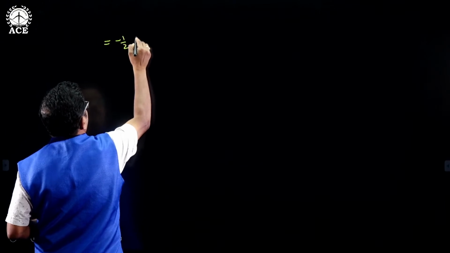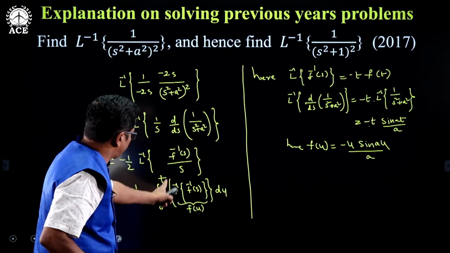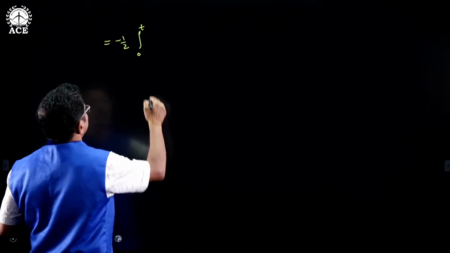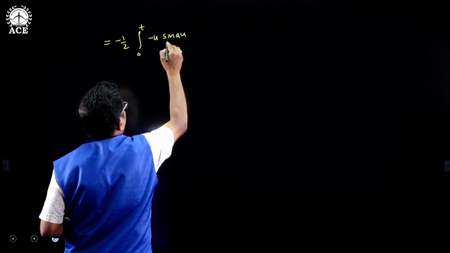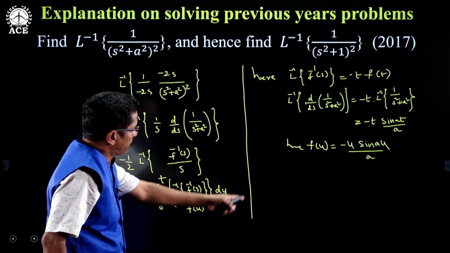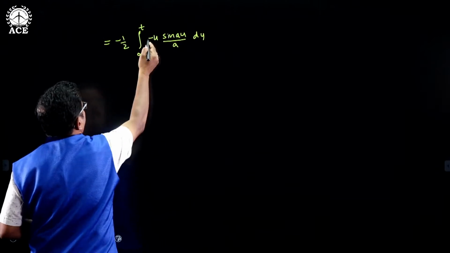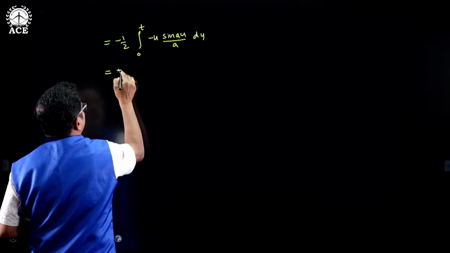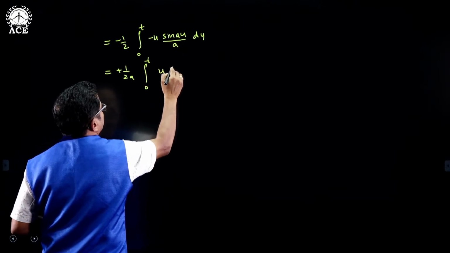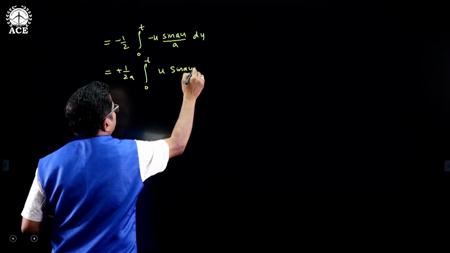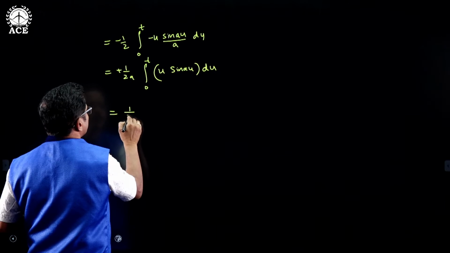So this equals minus 1 by 2 integration 0 to t of f of u, where f of u is minus u sin au by a, into du. You bring out minus into minus, which gives plus. So 1 by 2a becomes integration 0 to t of u into sin au into du. Now it is integration by uv rule.